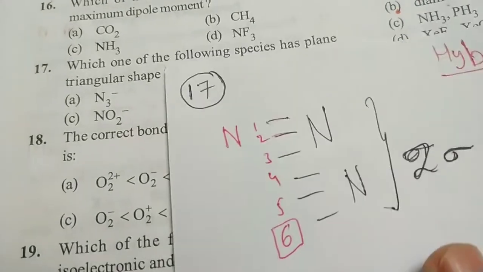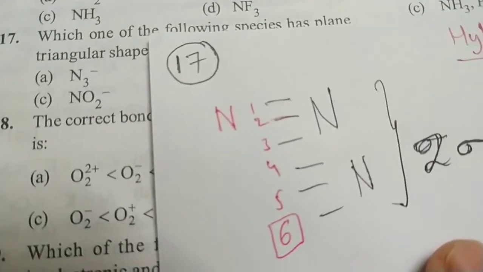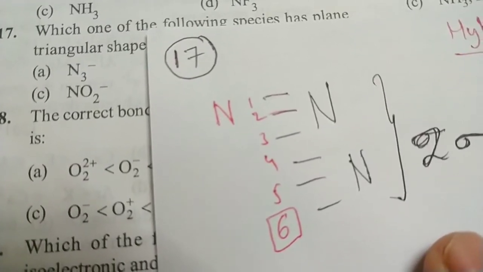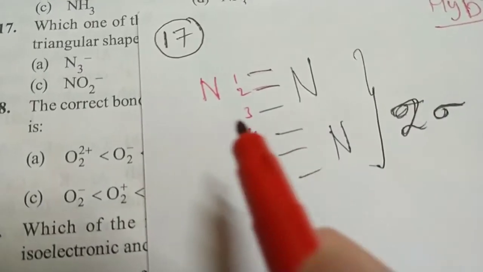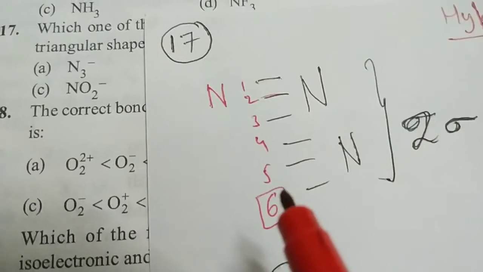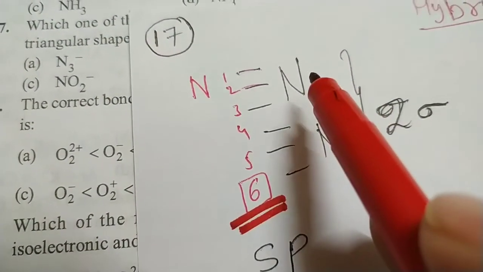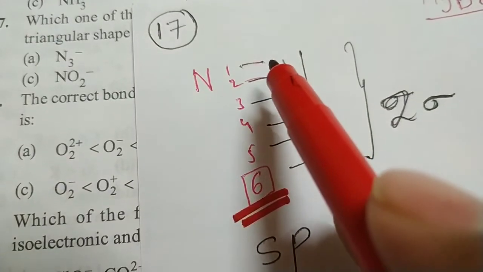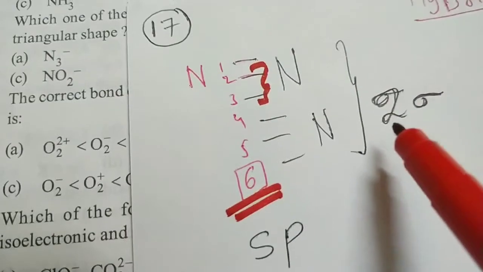For the 17th, see N3⁻. Take one nitrogen as the central atom, and the remaining two nitrogen atoms are attached. Nitrogen has 5 valence electrons, and the minus makes it 6. Each nitrogen bonds with 3 electrons, so total only 2 sigma bonds.